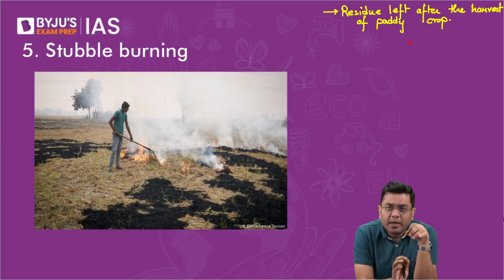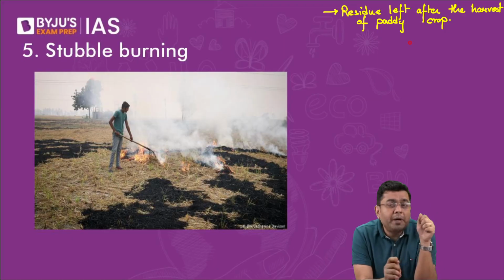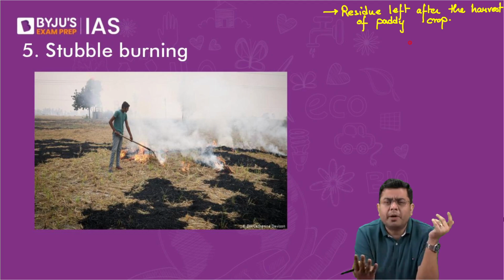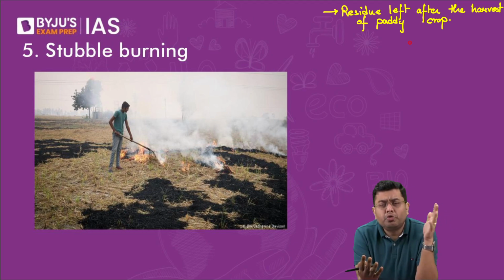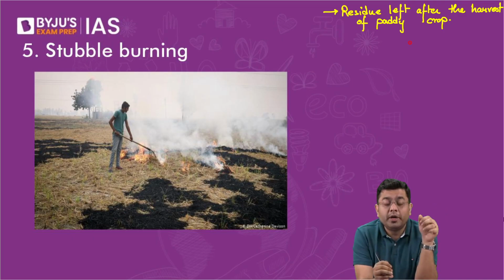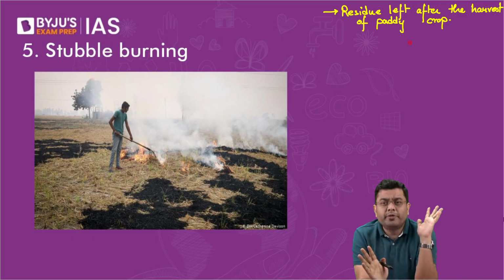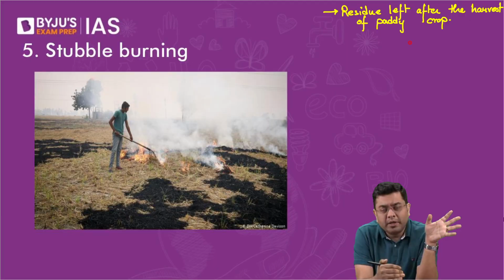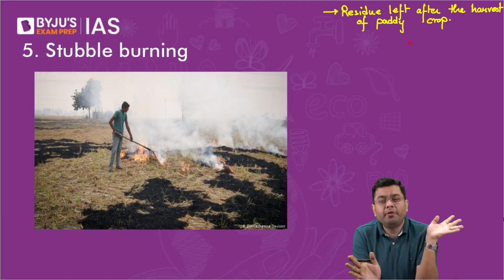Every year in the month of October, November, suddenly everybody goes into a kind of overdrive, as if somebody has wound them up, be it the courts, be it the political parties, be it the citizenry. Everybody starts creating such amount of noise that today also the air is very polluted. Yesterday also the air was very polluted, as if the expectation is that yesterday the air was polluted, today the air will be very clean.